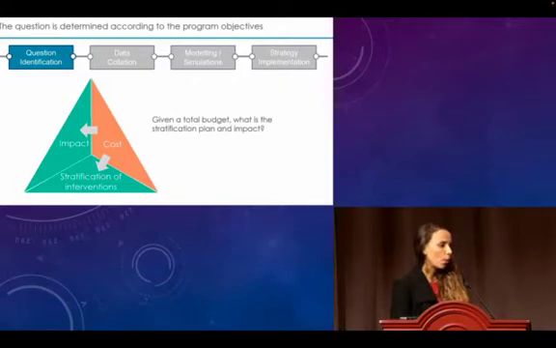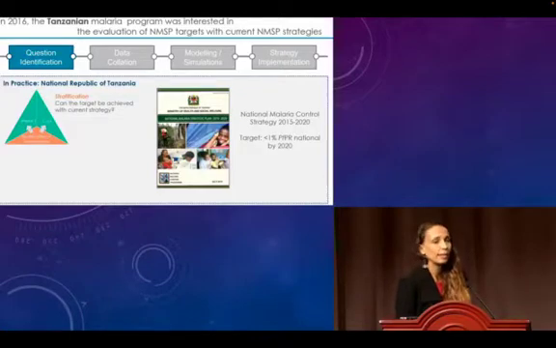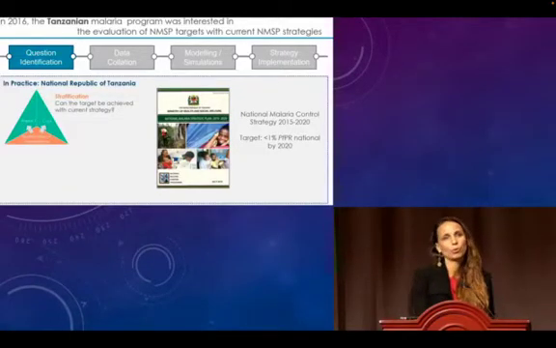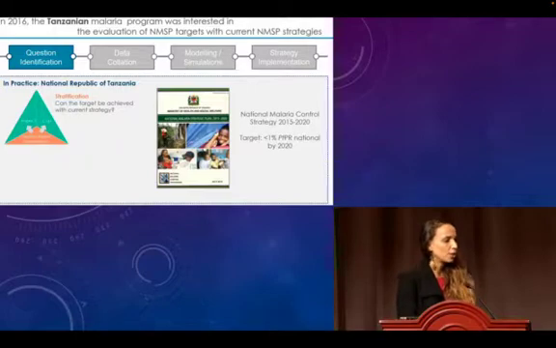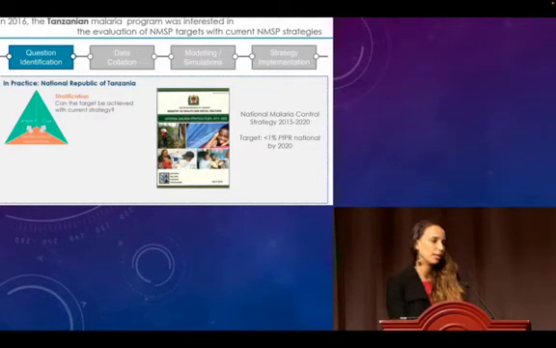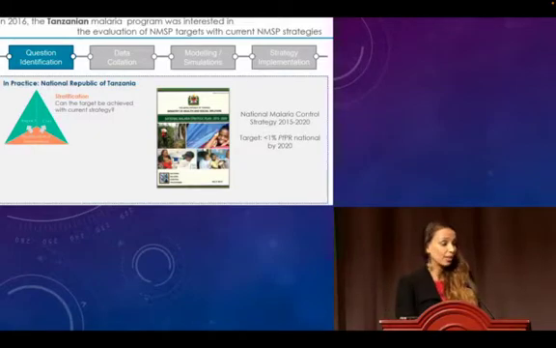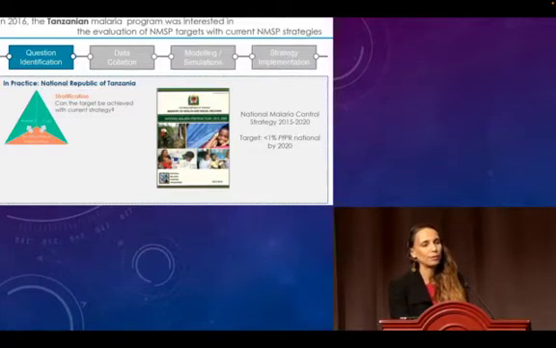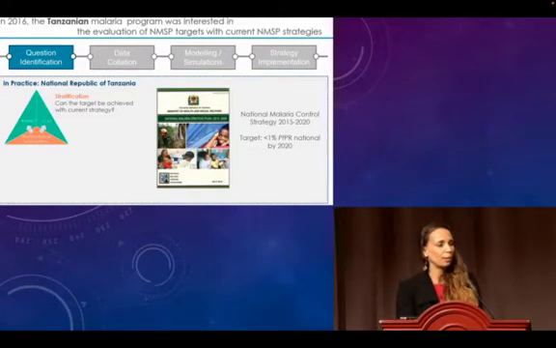So what we did in Tanzania, in 2016, we were approached by the National Malaria Control Program to help them understand what would be the impact of their current strategy and whether their current strategy would lead them to their target goal, which was, at the time, and we're talking 2016, it's easier just to answer without modeling today, to understand whether it was possible to have a prevalence throughout the whole country of less than 1%.